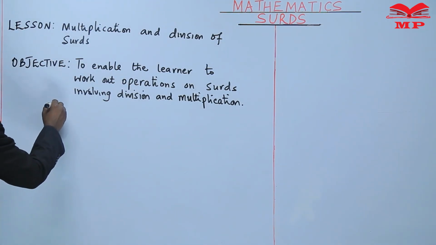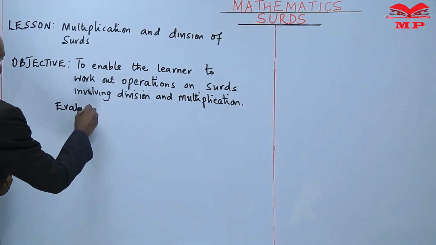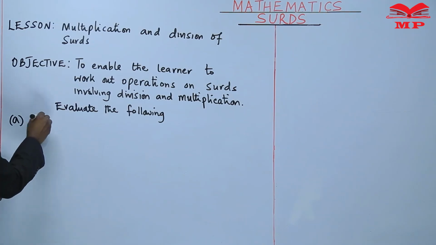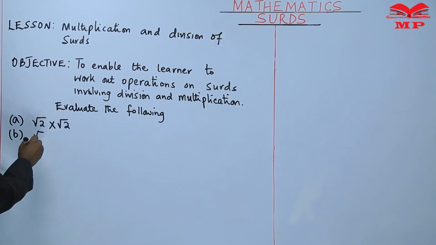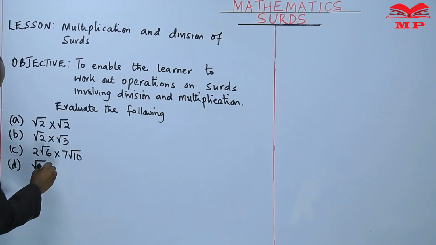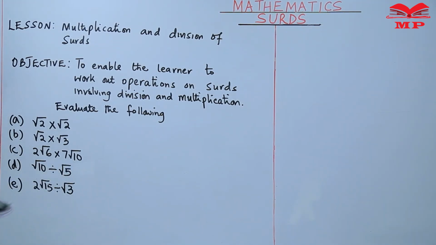So you can be told to evaluate the following. Those are the operations we have to evaluate. The first one, learner, is square root of 2 times square root of 2.